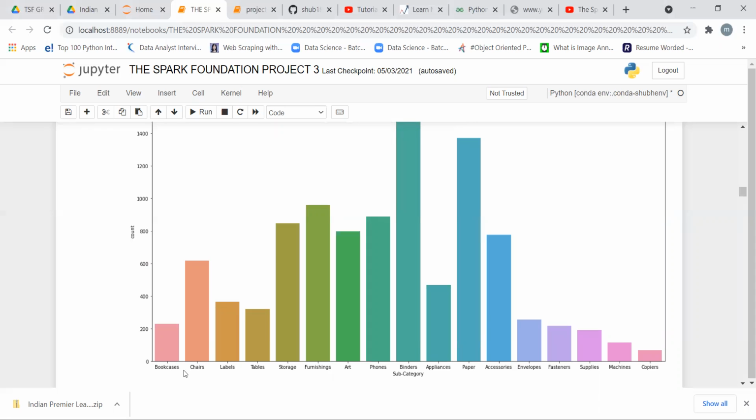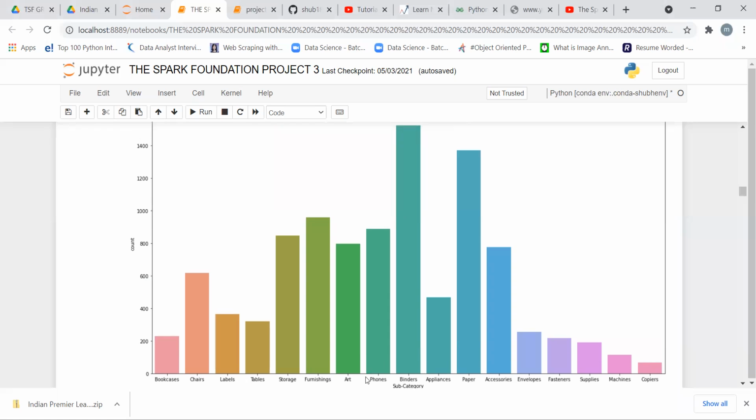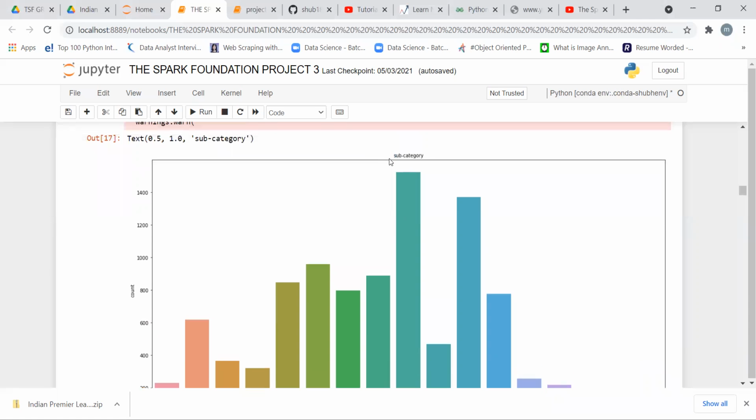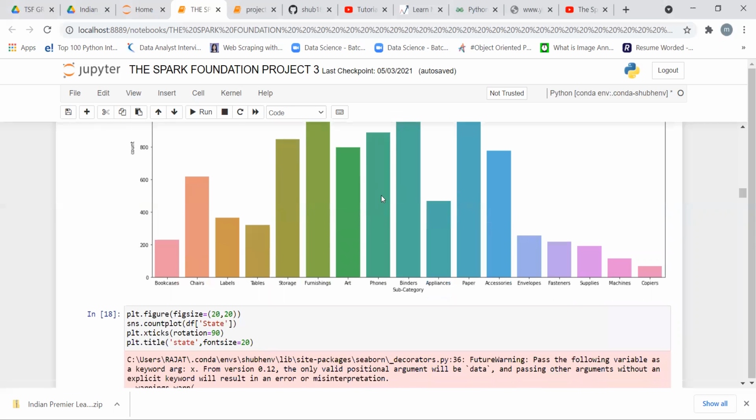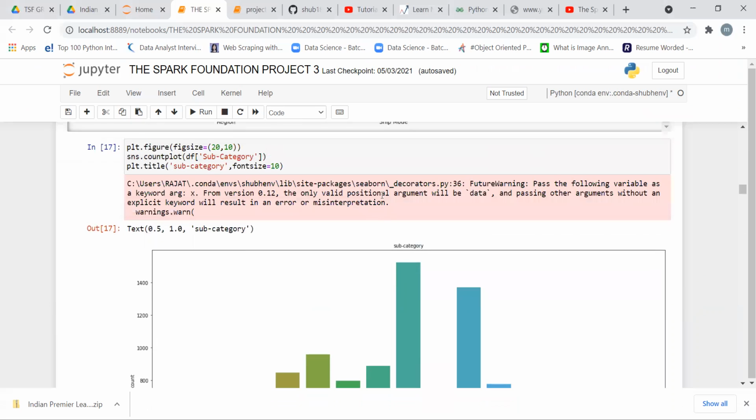Subcategories are bookcase, chairs, labels, tables, storage, furnishing, art, and binder. Here we can see that the binder subcategory has a major portion.